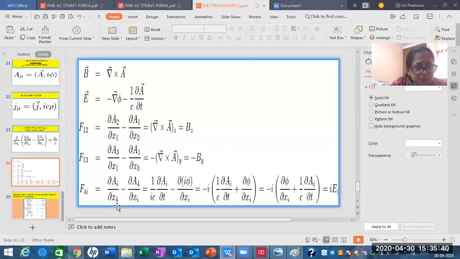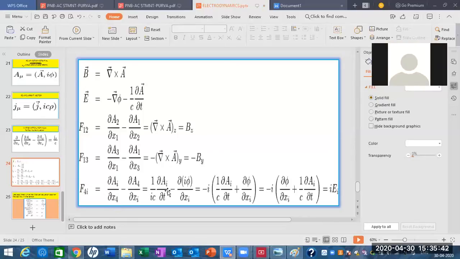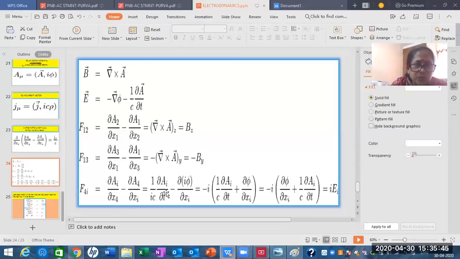So you can write this as dou A divided by dou T. Whenever the time component comes, you will get IC. Just now I told you, the y axis is taken as CT, actually it is ICT. The y axis in Minkowski space is ICT. As a result, IC is a constant, it comes out. Only the T portion is left as it is. So it is written as 1 by IC dou A divided by dou T.